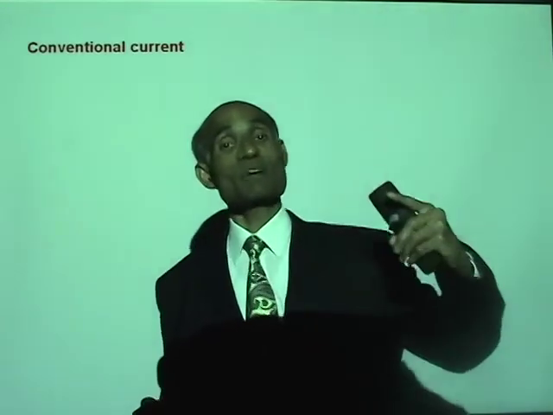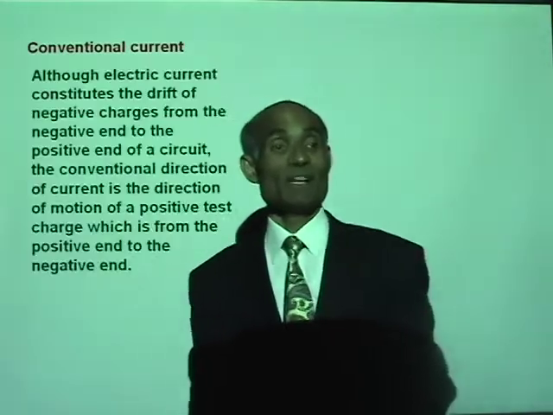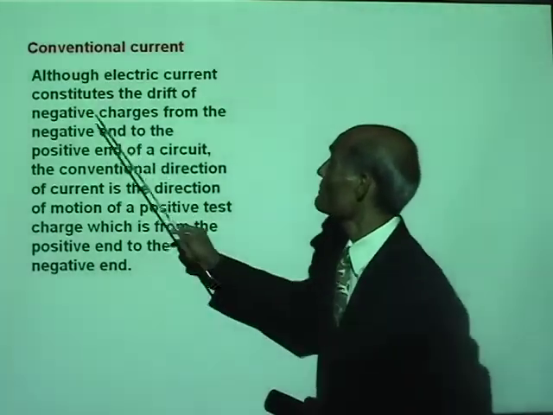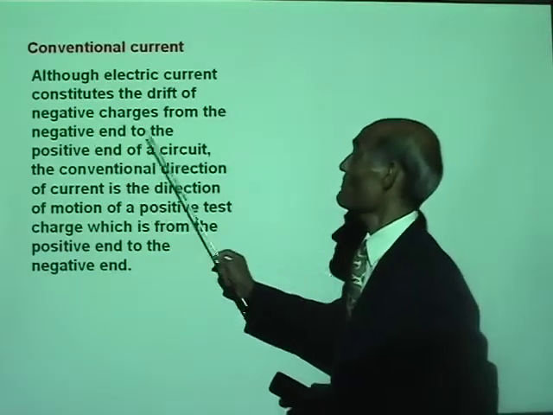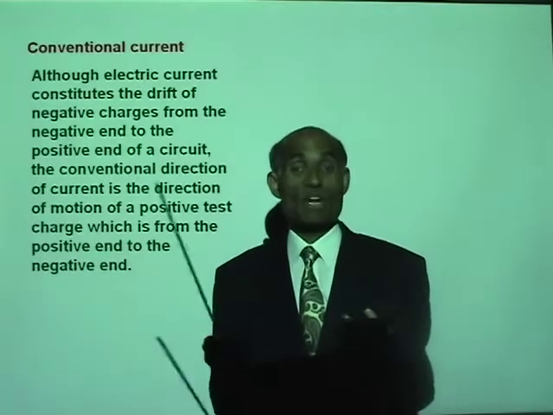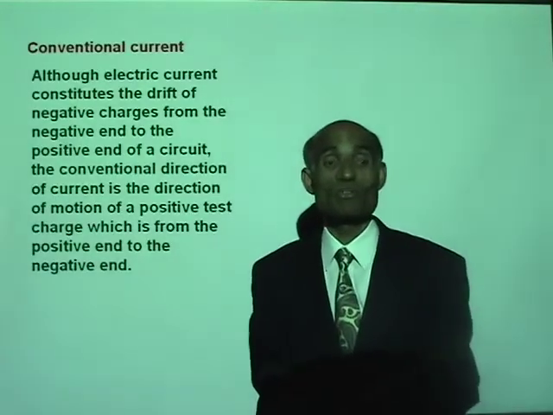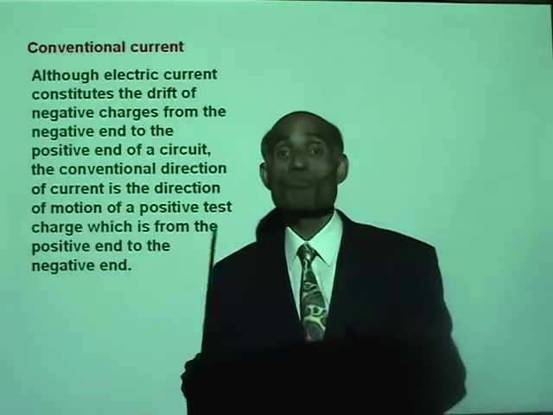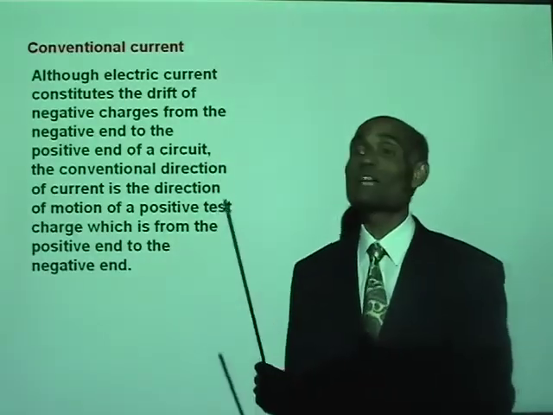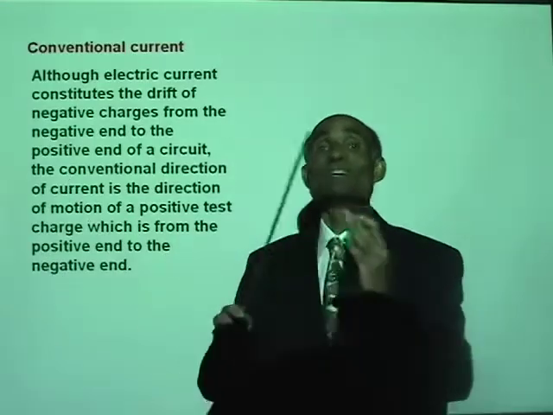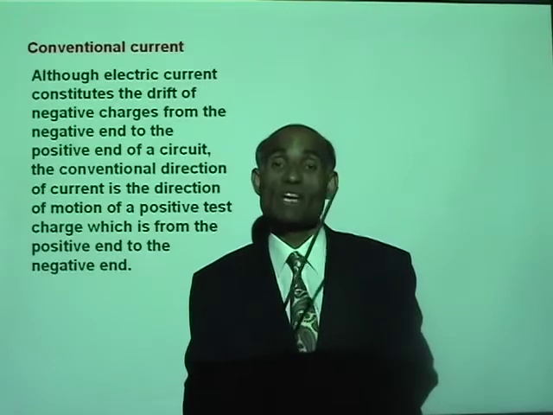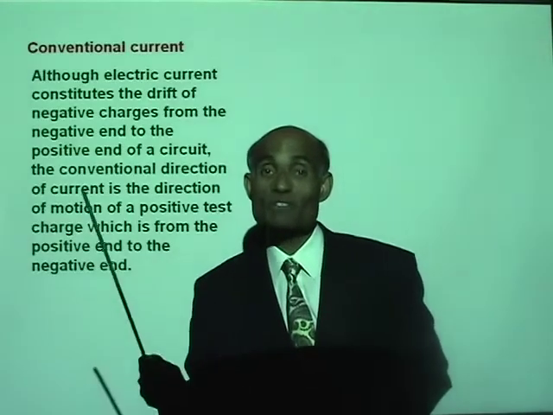And that is the direction of the electric field. So, although electric current constitutes the drift of negative charges from the negative end to the positive end of the circuit, the conventional direction of current is the direction of motion of the positive test charge. And that is from the positive end to the negative end. The conventional direction of current is the direction of the electric field.